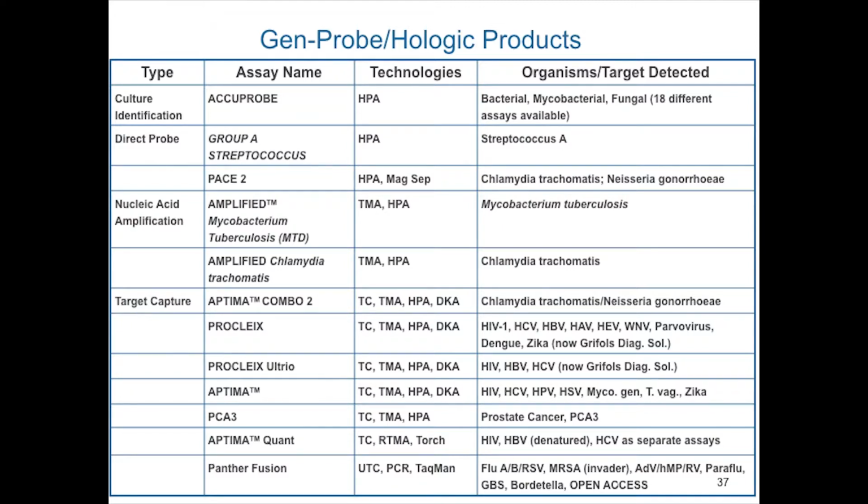Getting down towards the bottom, we have target capture, reverse TMA, or real-time TMA and torches, and then on the Panther Fusion they now have with Hologic since the acquisition of GenProbe, they have universal target capture, PCR, and TaqMan.